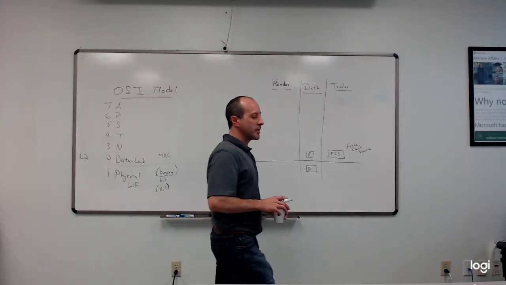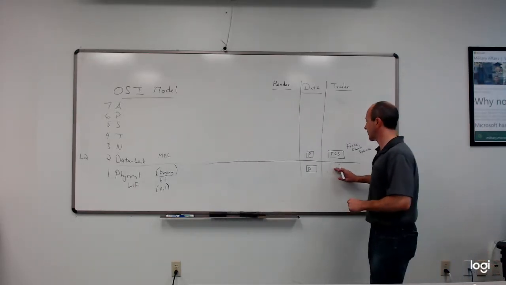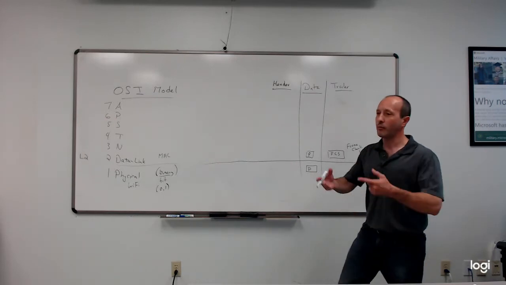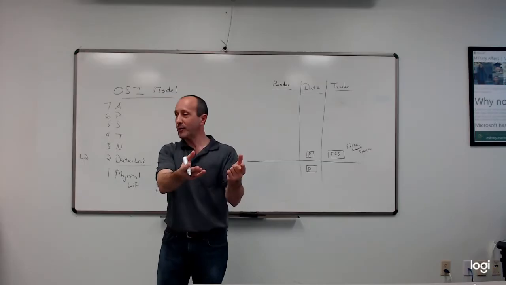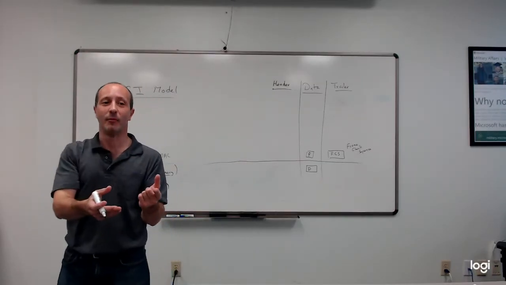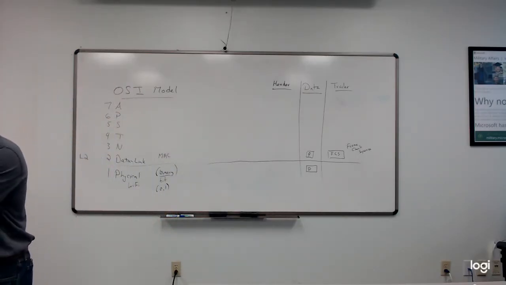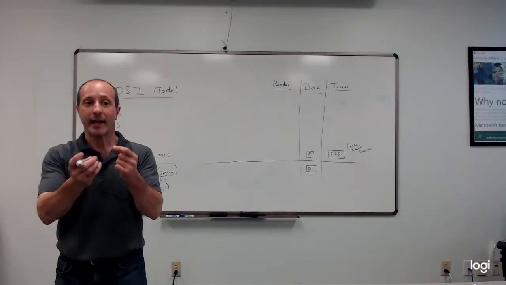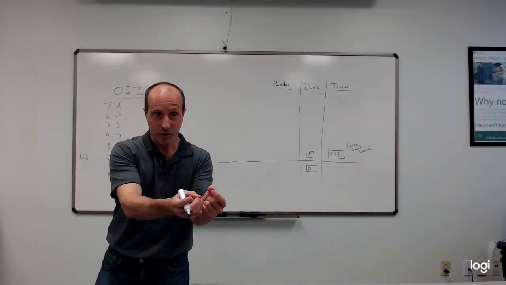In order to protect against that, we have something called a frame check sequence. For example, you need to send data to me. However, what you sent has to be what's received by this machine.